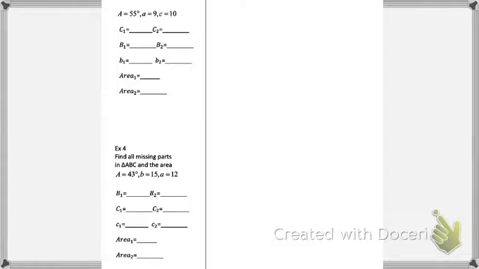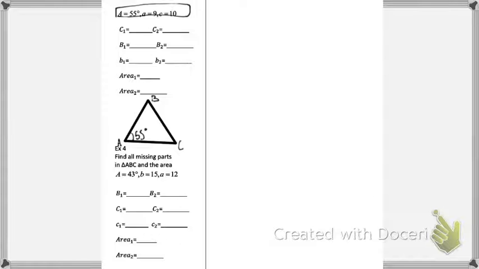So let's start a triangle here. Okay. So this is angle A, angle B, and angle C. So we know that angle A is 55 degrees because that's the given information over here.